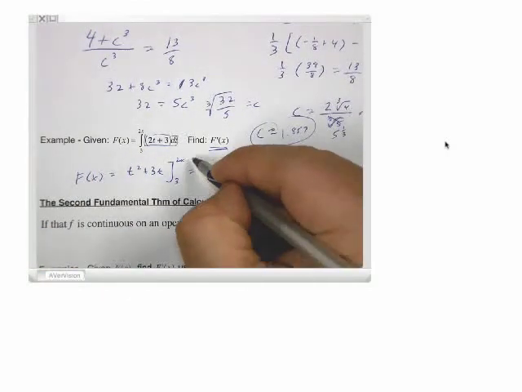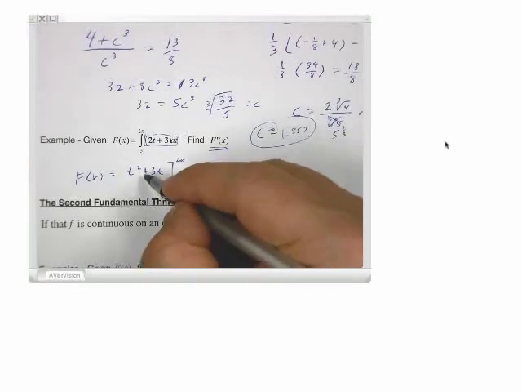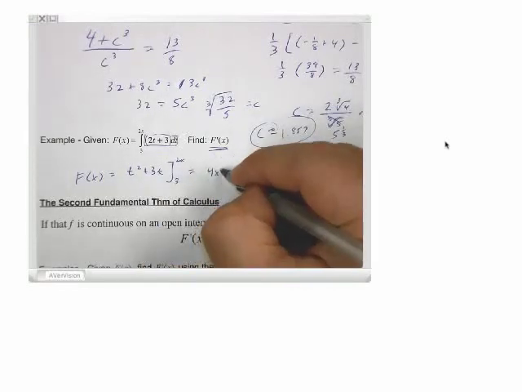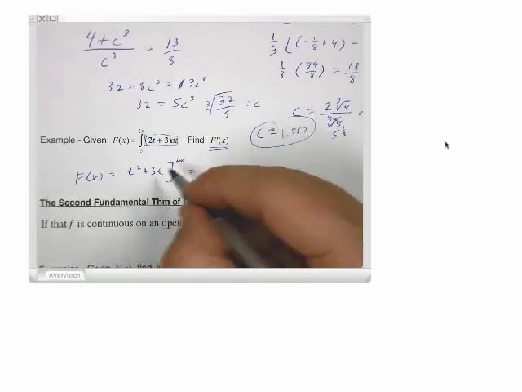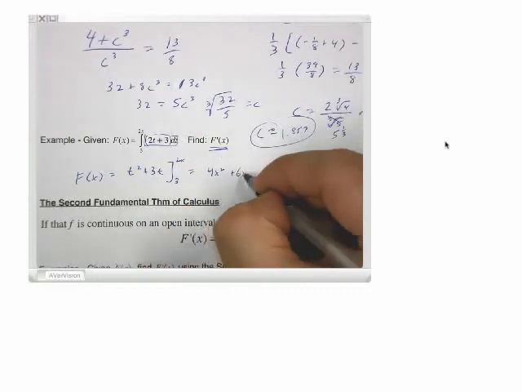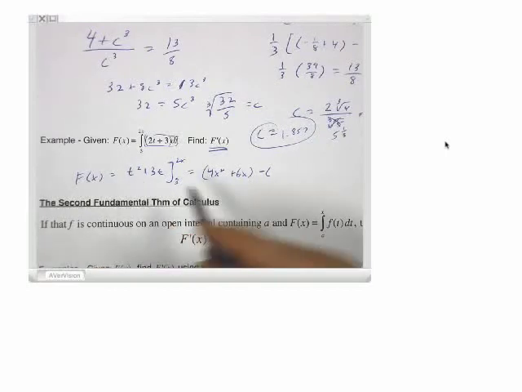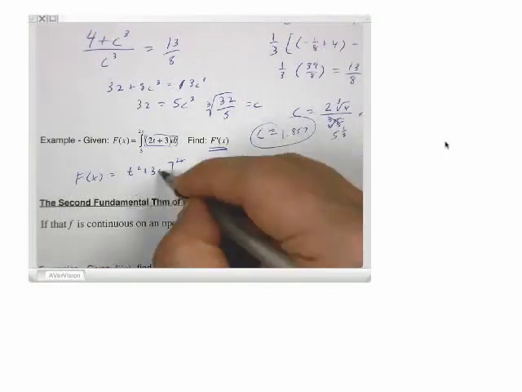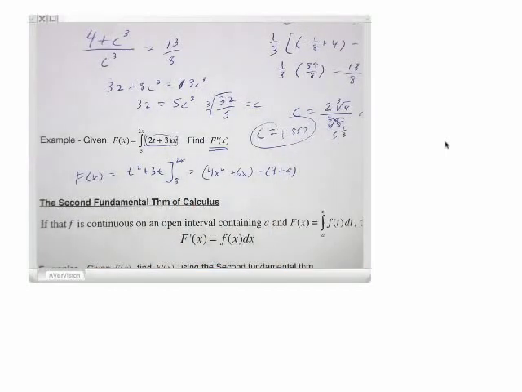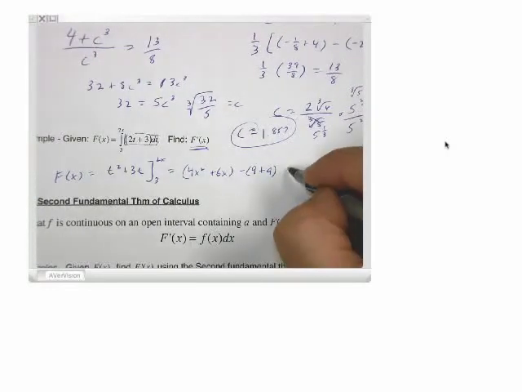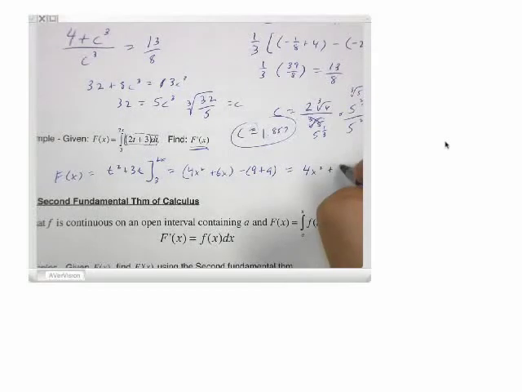If I plug 2x in there, 2x squared becomes 4x squared. If I plug 2x in here for t, I get 6x, so 4x squared plus 6x. Minus if I plug 3 in, I get 9, plus another 9. So right now I have that f of x is equal to 4x squared plus 6x, okay, minus 18.